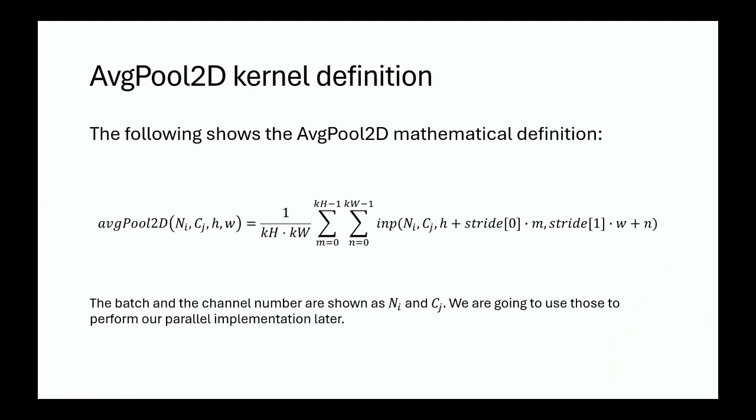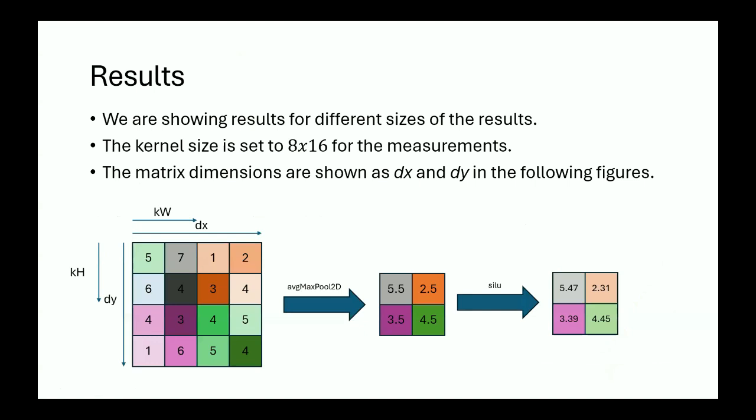So we looked at the average, this is the exact same average pool 2D kernel as before, with KH and KW being the size of the kernel itself. So here we see the difference. The left side is the same average pool 2D.